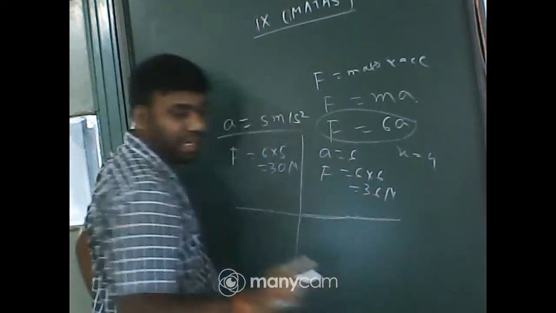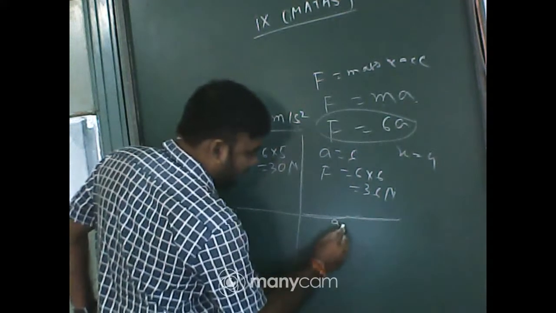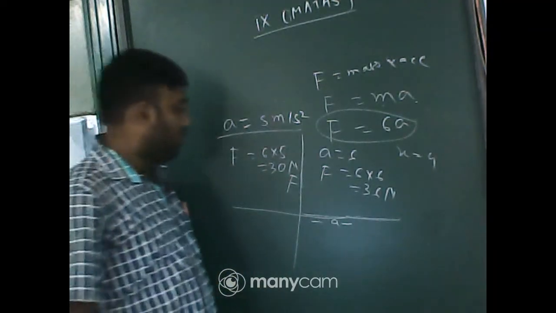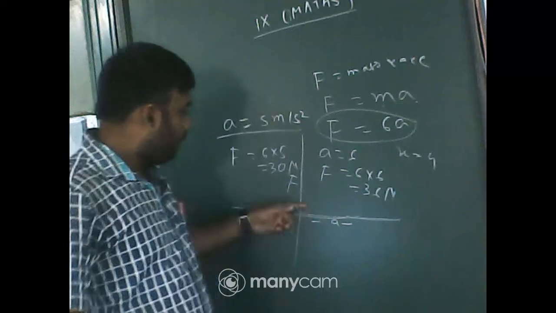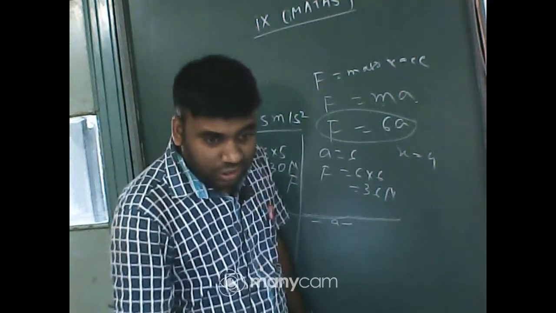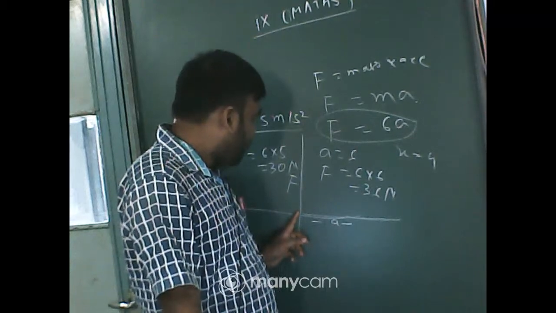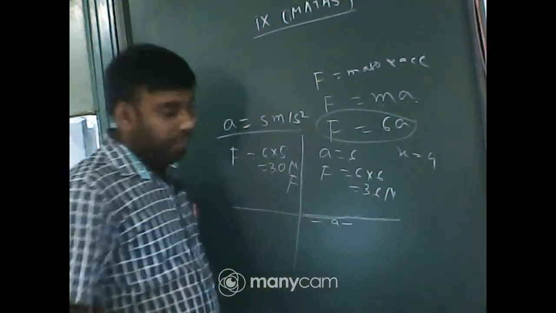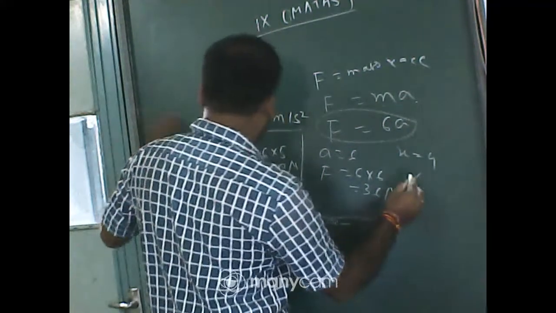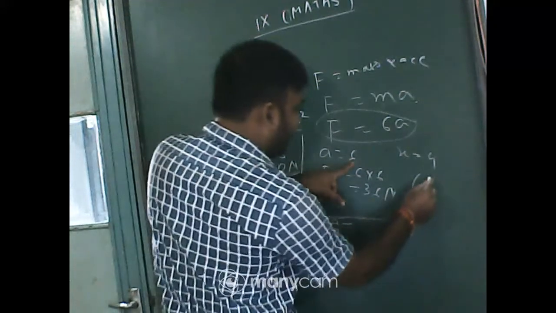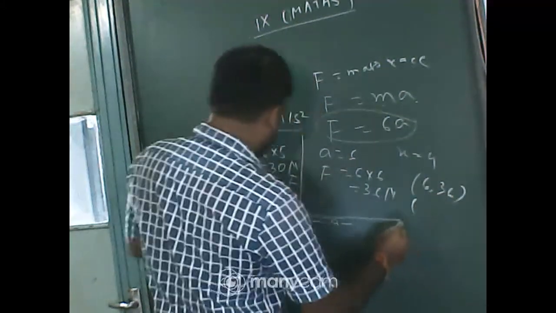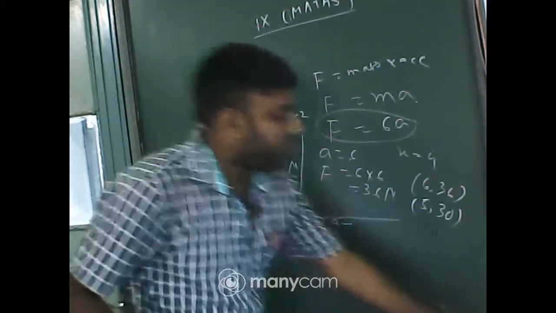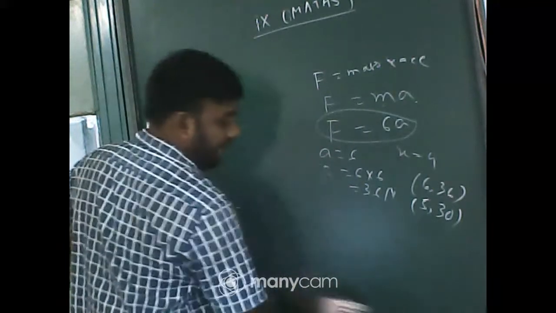Along the x axis put acceleration, that is a, and along the y axis put force F. Two points are there: when a equal to 6, F is 36, and when a equal to 5, F is 30. I am drawing that graph here.